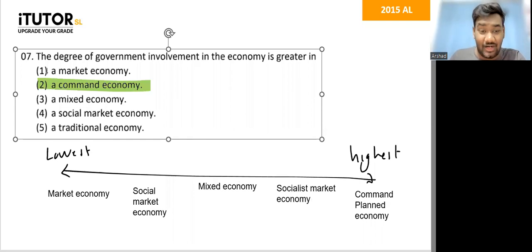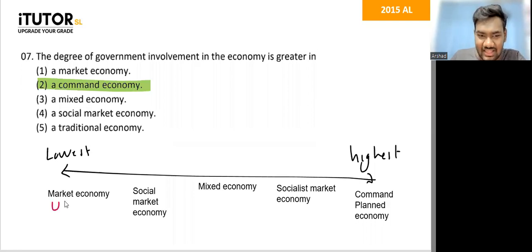If I have to give some examples: there are no pure market or pure command economies in reality, so I'll give you some close to this. Market economies: countries like the USA and the UK. Command economies: countries like North Korea and Cuba, which are more like command economies.